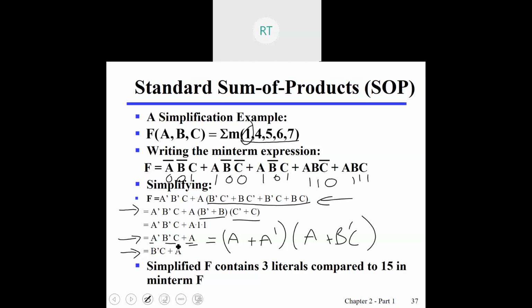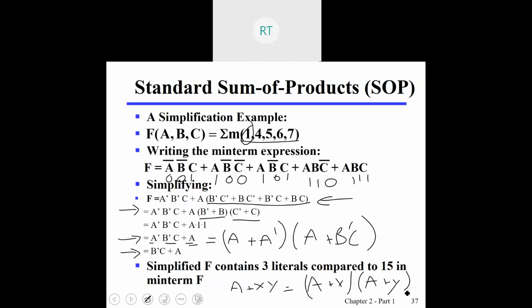How do you do it when you have A plus XY? Let me write it here. A plus XY is equal to A plus X into A plus Y. Did you see it? So now A bar BC, we consider it to be one term, and we divided it: A plus A prime into A plus B bar C. Is it clearer?